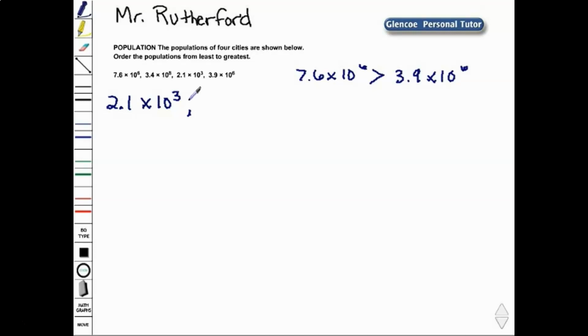Therefore, the next number in our sequence is going to be 3.9 times 10 to the 6th, followed by 7.6 times 10 to the 6th. And finally, we have one number left, which is 3.4 times 10 to the 8th, and that is the largest. So now you've learned to order numbers in scientific notation from least to greatest.